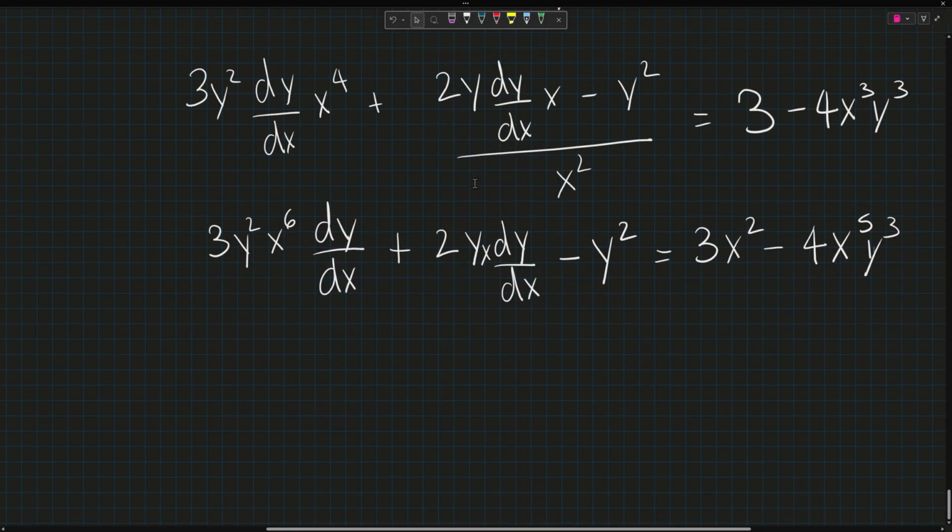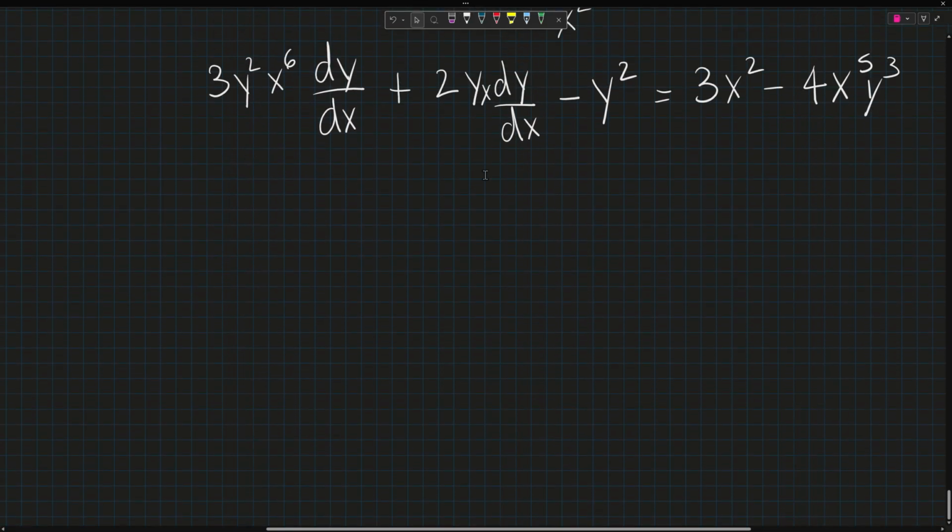So moving on, what we're going to do is we're going to subtract this y squared, and then eventually what will happen is that we'll have dy over dx on both sides, so we can take that out and put these two in the parentheses, and it becomes a factor which we can divide.